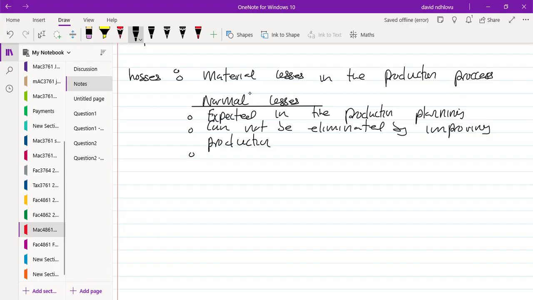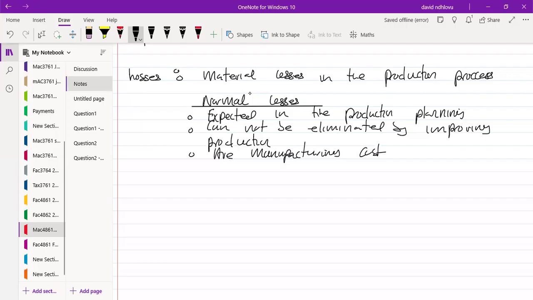So these are manufacturing costs. So when you cost a product, you also include the manufacturing costs.